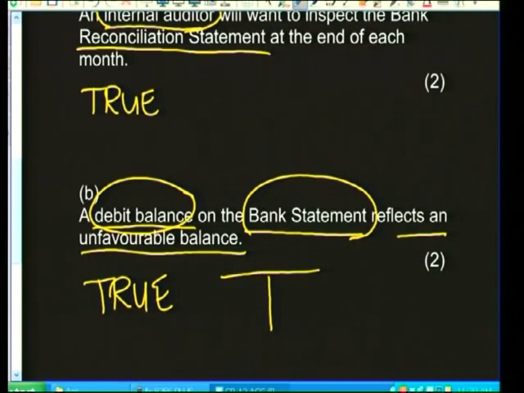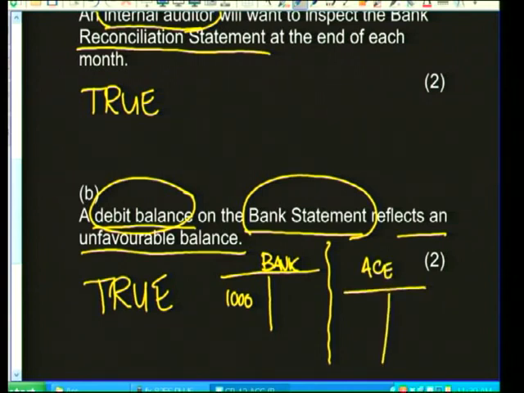Again, let's go for an explanation on this here. Understand what we are saying. Watch this here. Here's my bank account. If I have, in my bank account, a favorable balance of 1,000 rand, in the books of the bank, they have an account for Ace Traders. And let's assume everything is correct, their balance will be a credit balance of 1,000 rand. Do you get the point?